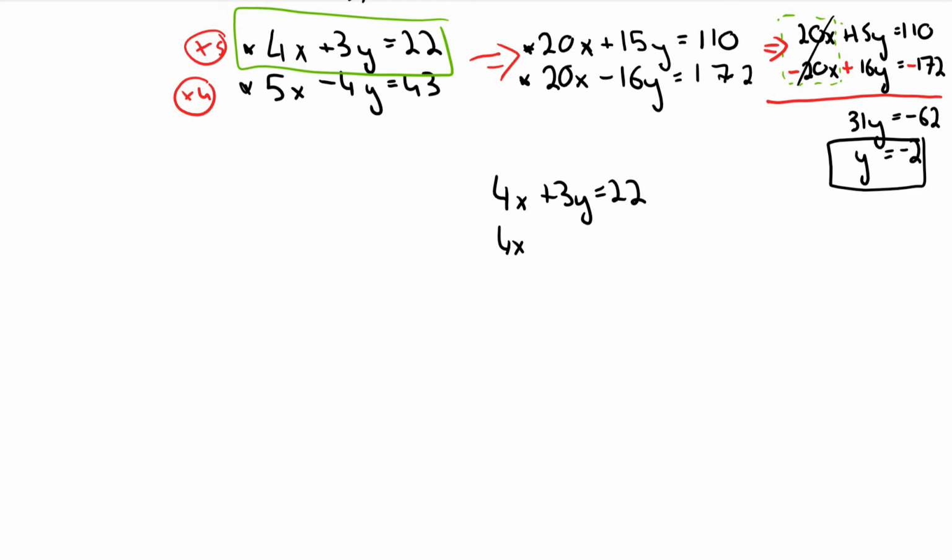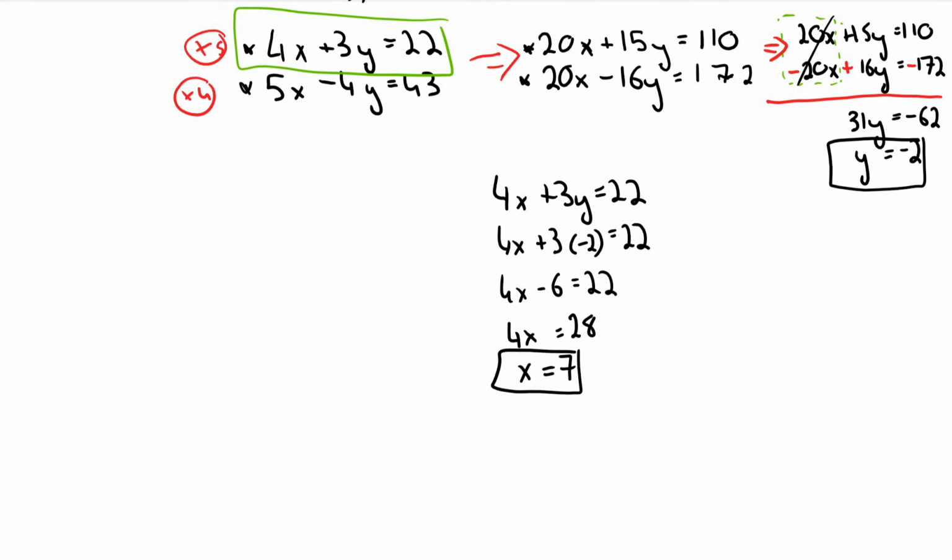So 4x plus 3 times minus 2 equals 22. 4x minus 6 equals 22, and look, here's one equation, one unknown, so I can solve that. So 4x equals, add 6 to both sides, 28. Divide by 4, x equals 7. So x is 7 and y is minus 2.